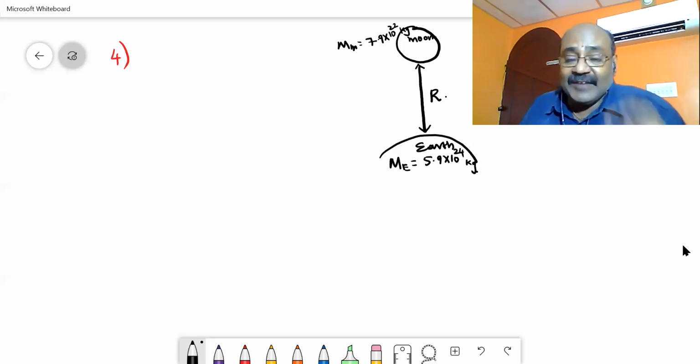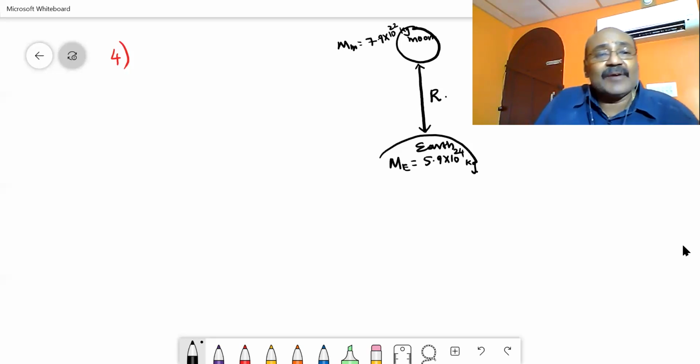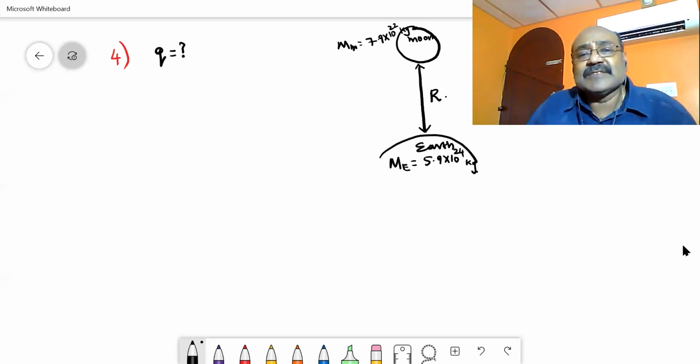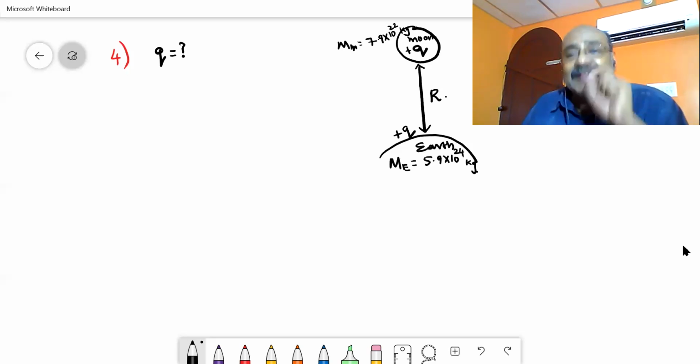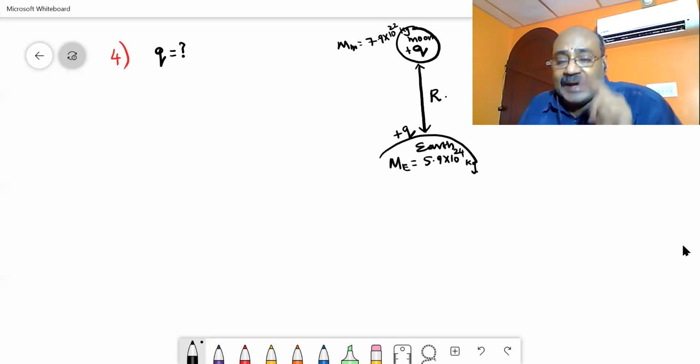What is the problem asking? You are asked to calculate the charge q, which is one of the charges placed on the moon, and another positive charge placed on the surface of the Earth. You are asked to calculate the magnitude of that charge if, according to the universal law of gravitation, the gravitational attraction between Earth and the moon can be balanced.